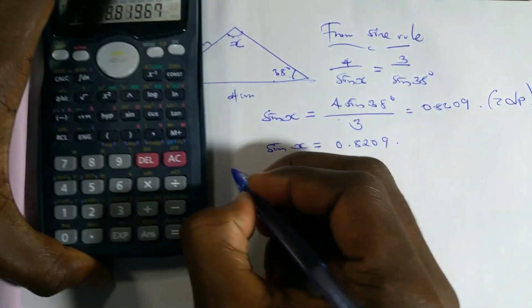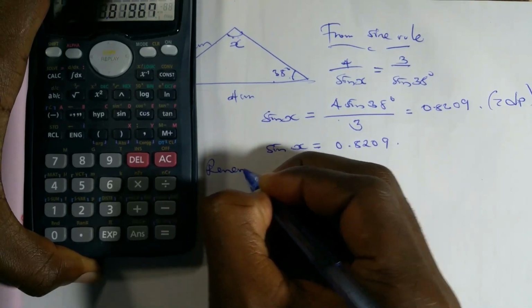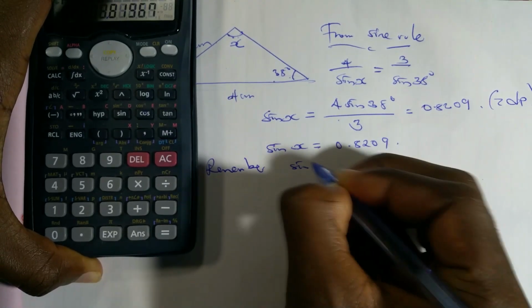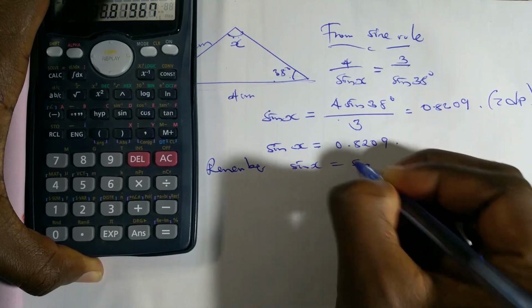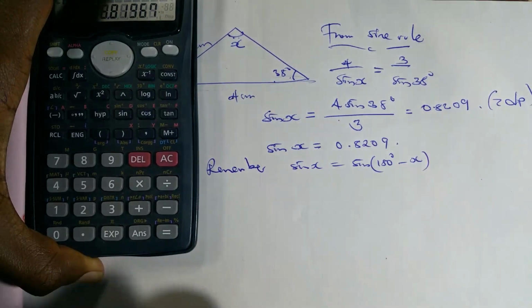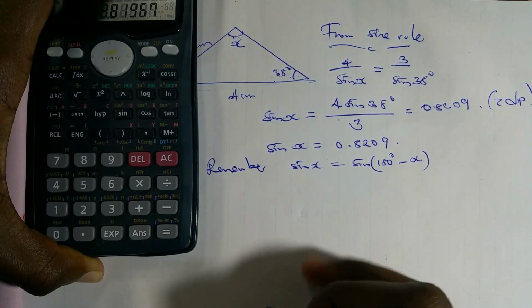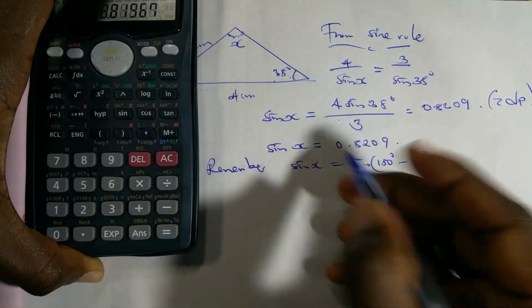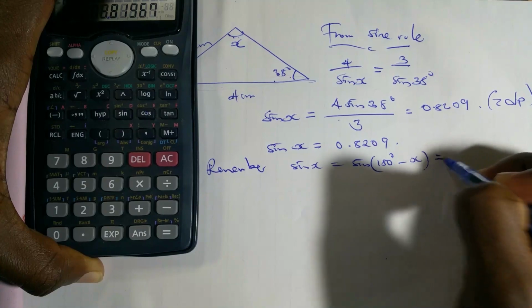But how about the other case? Remember, don't forget this, sine x is the same as sine of 180 degrees minus x in case our x is obtuse. So we always consider acute and obtuse.